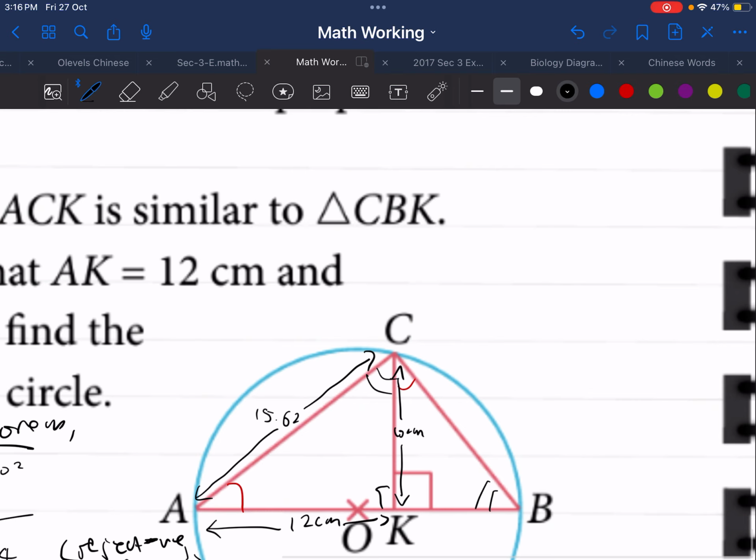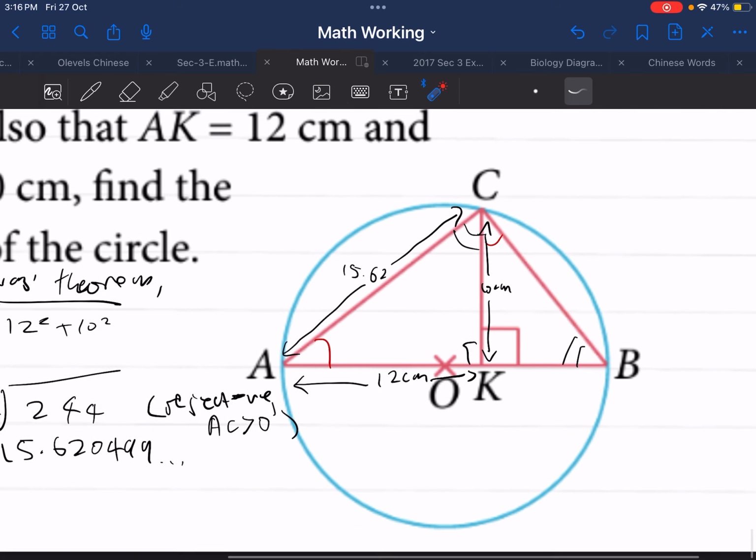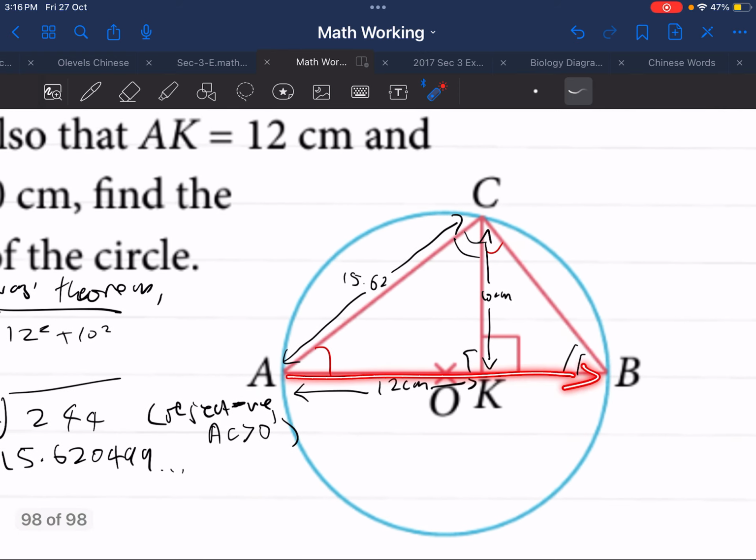My whole main goal is to find this length. I know this length already, but I don't know this length, so I have to find it. Once I know this whole length, I divide by 2 and I know the radius, because this whole thing is a diameter.